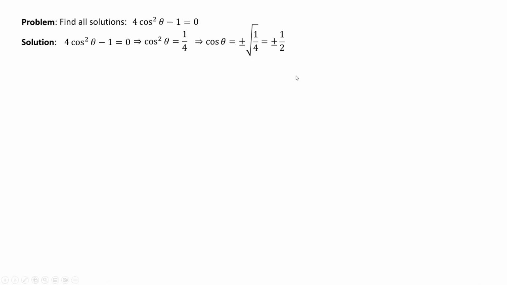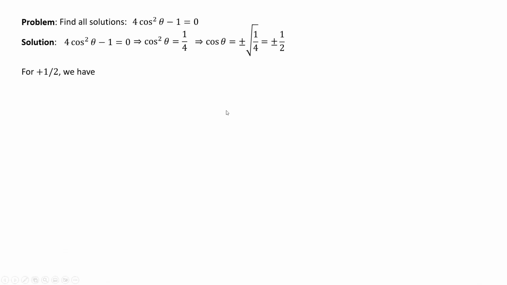I hemmed and hawed because of whether to use and or or. Or is the correct one. Cosine theta is positive 1/2 or negative 1/2.